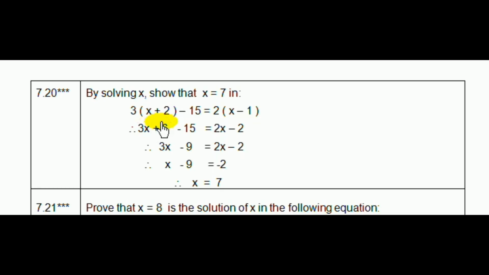7.20 now. First simplify and then get all the x's on the same side and then solve it and get your answer 7. But rather go back now and see, by solving x, show that x equals 7. Okay, so we have to solve x. The fact that the x equals 7 is given on top doesn't matter.